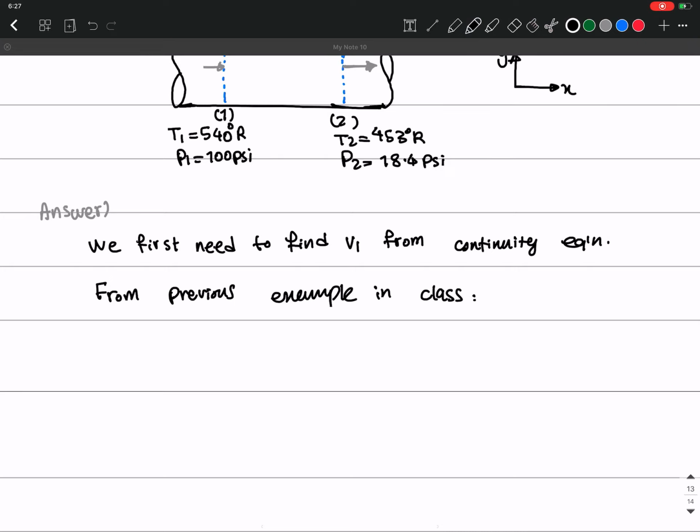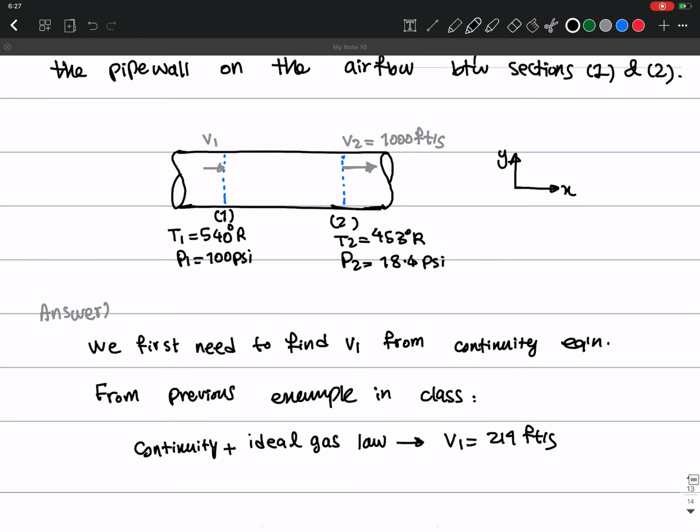I can write continuity plus ideal gas law is going to give me V1 equals 219 foot per second. Okay, so this is the first part of the problem.